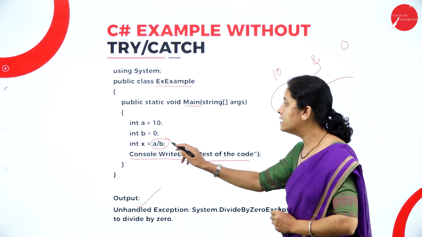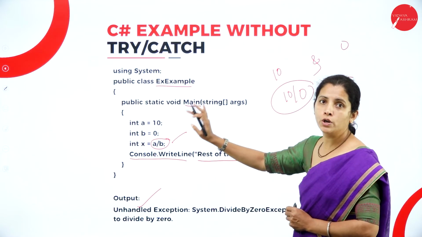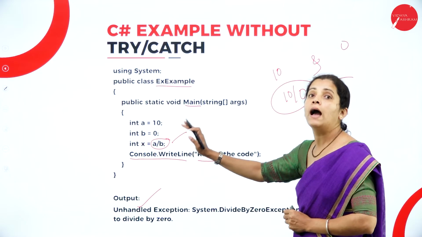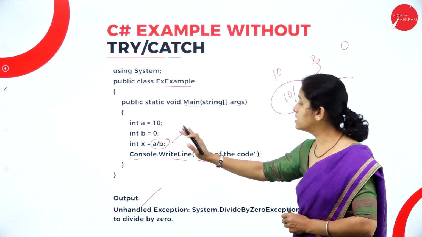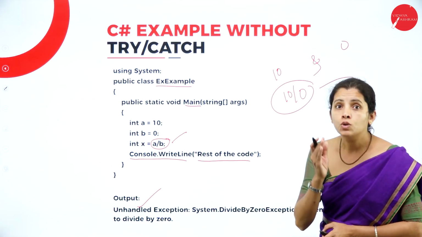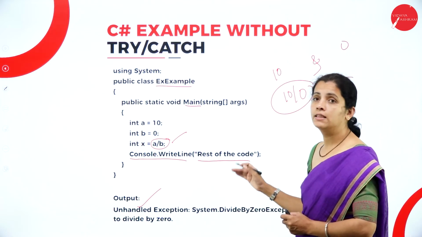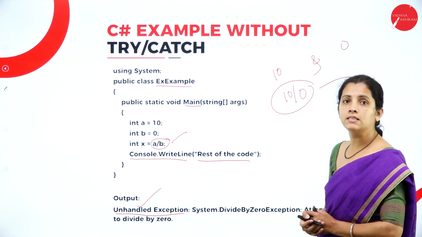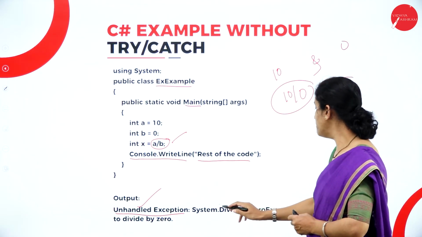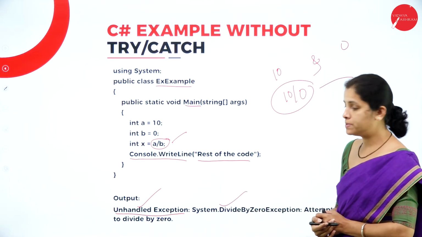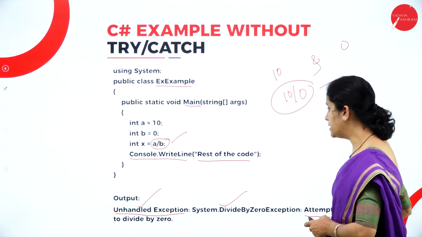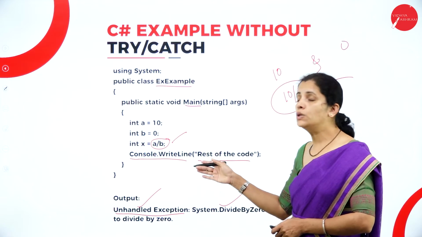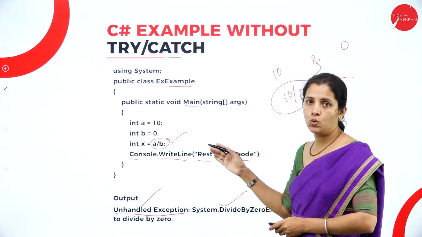This code is going to generate an exception, but it's not handled properly. The output is: unhandled exception, System.DivideByZeroException, attempted to divide by zero. That means trying to divide by 0.